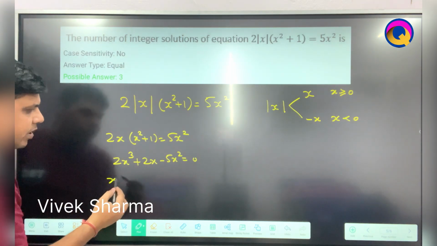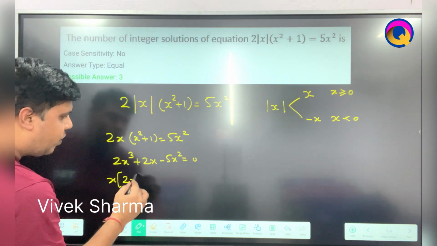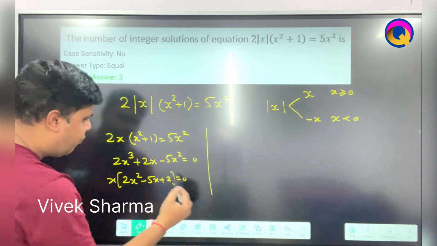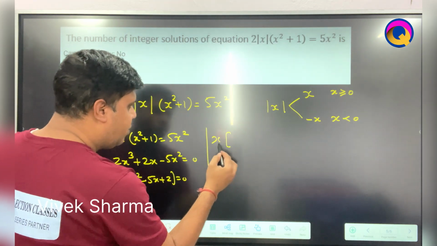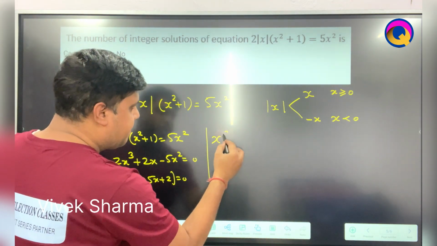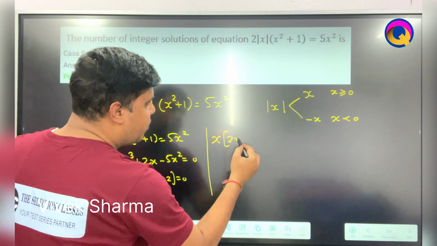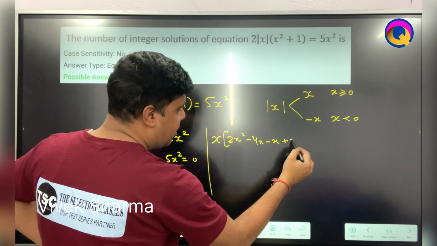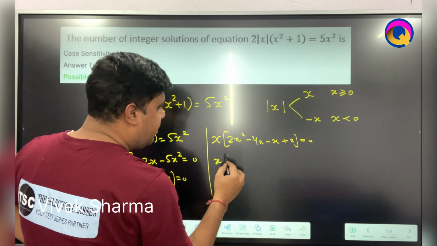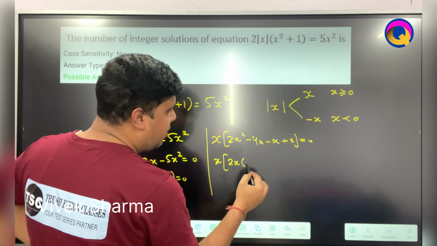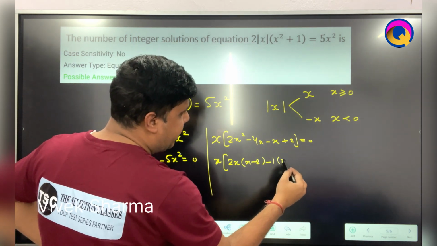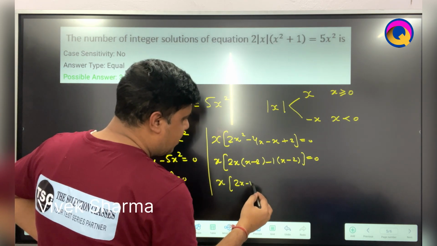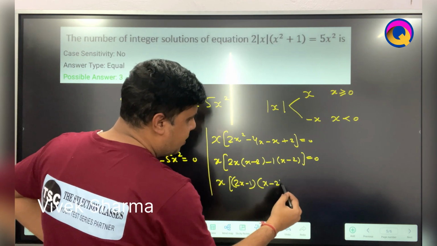Taking x common, we are left with 2x square minus 5x plus 2 equals 0. So x into 2x square minus 4x minus x plus 2 equals 0. Taking 2x common and minus 1 common, x into 2x minus 1 and x minus 2 equals 0.